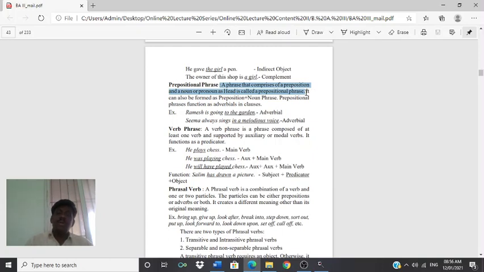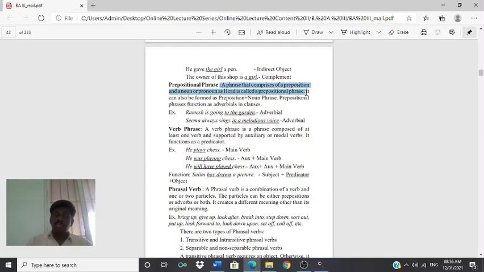For example, an apple on the table. On the table is a prepositional phrase. On is a preposition. The is a determiner and table is a noun. In this phrase, you can understand it is about the position of an apple.